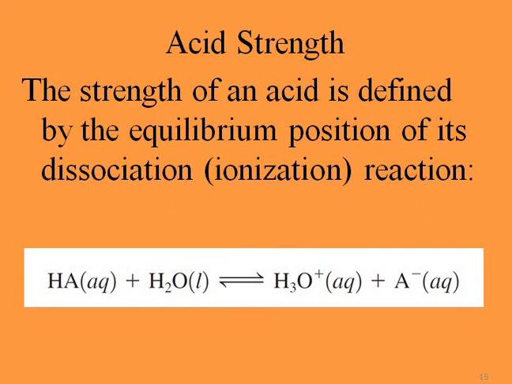This A minus has very low affinity to gain a proton. You know, bases tend to gain protons, but A minus doesn't have a high affinity to gain this proton. That's why we call it a weak conjugate base.